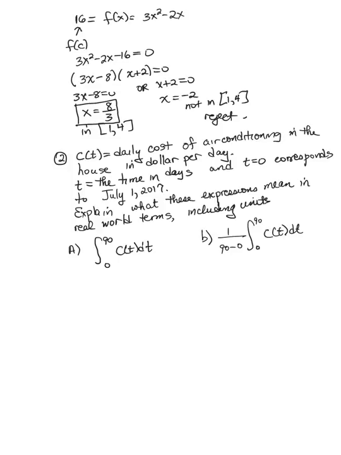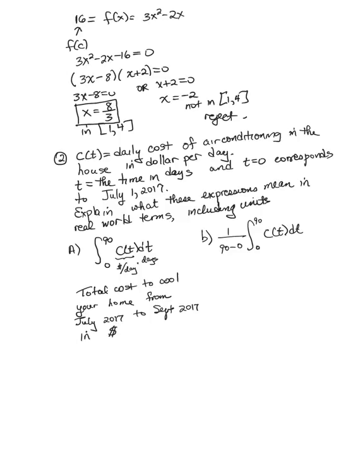And according to the total change theorem, if you think about it, if this unit is dollars per day and dt is days, this would represent the total cost to cool your home from July 2017 to September 2017 in dollars, okay?